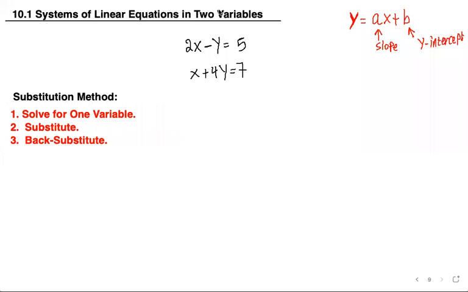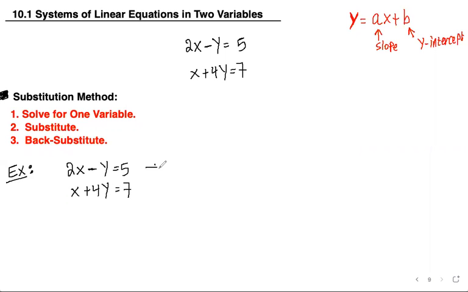Okay, let's apply these steps for this example, the same equations: 2x minus y equal 5, x plus 4y equals 7.